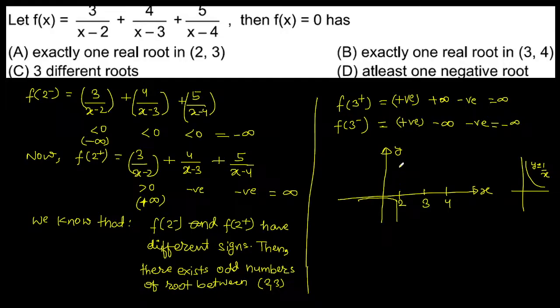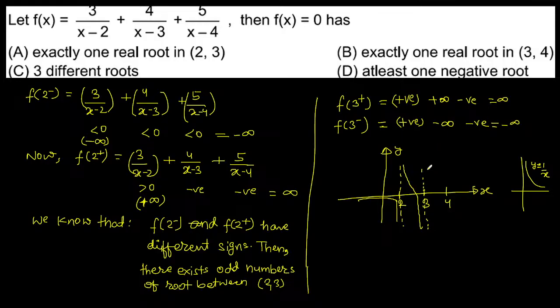We go with 2 plus, it is infinity, and 3 minus is minus infinity, because it is simply, if you try to take LCM and everything. No, I'm not taking LCM. At least one negative root. f(x) equal to 0 has at least one negative root.